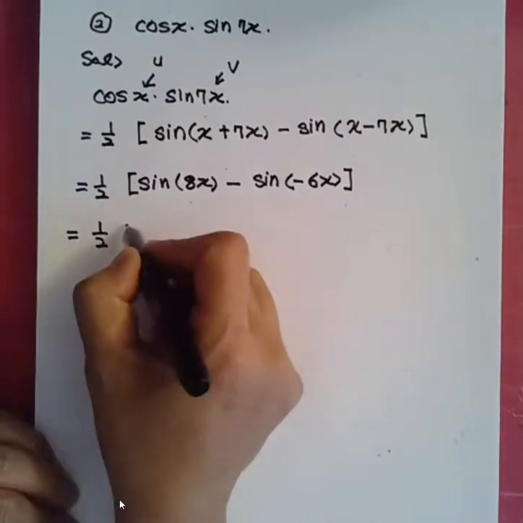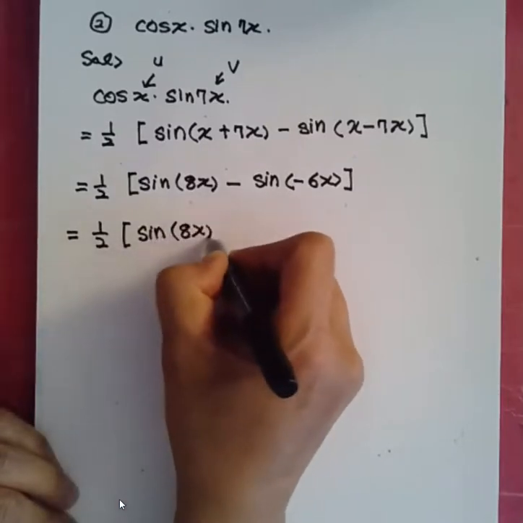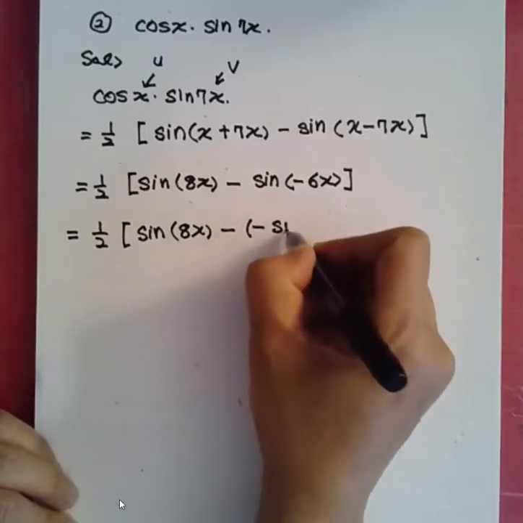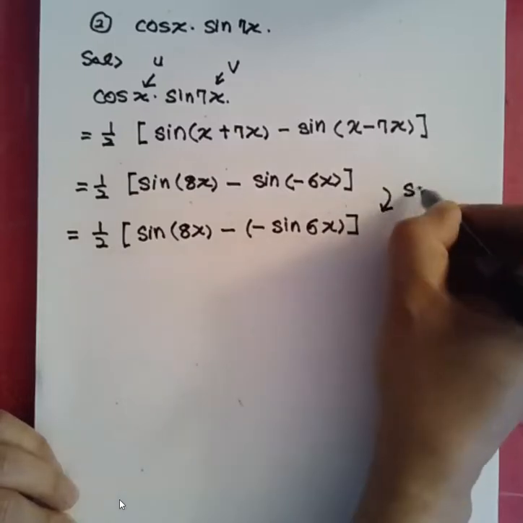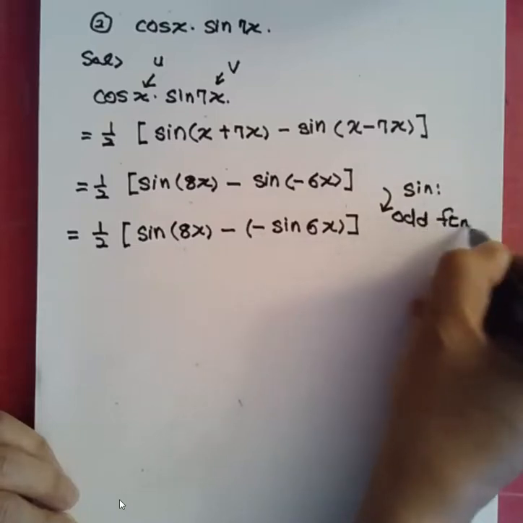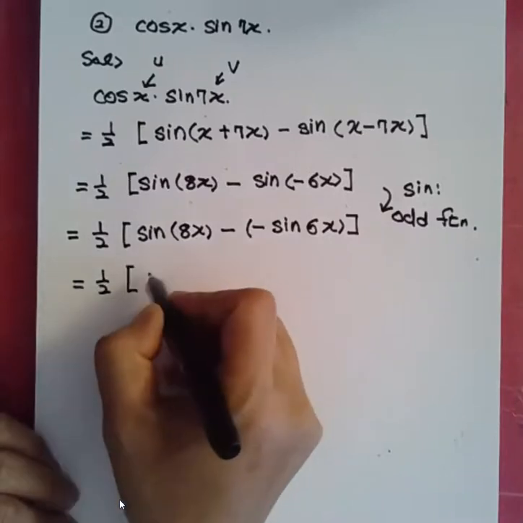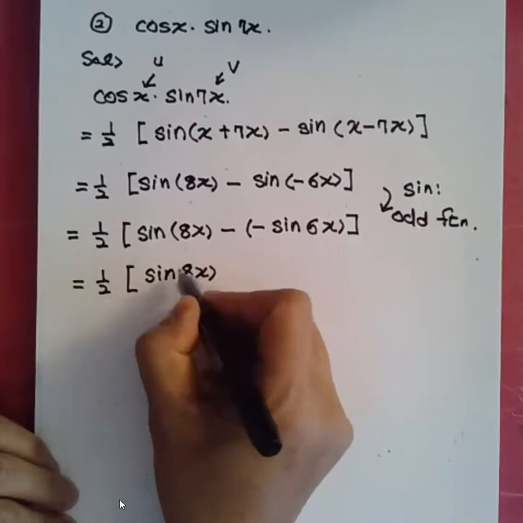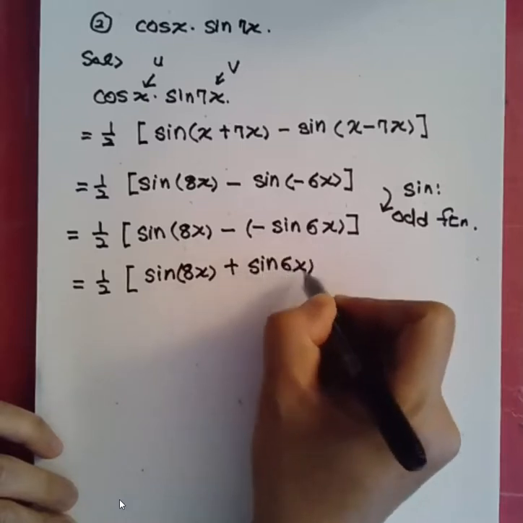Then we have 1/2 times sine of 8x minus, which will be plus, sine of 6x.